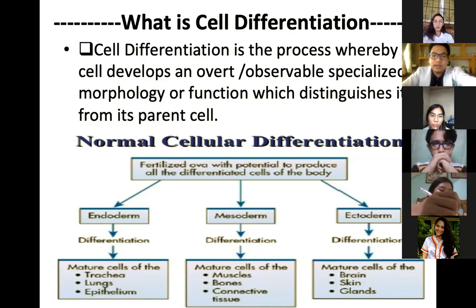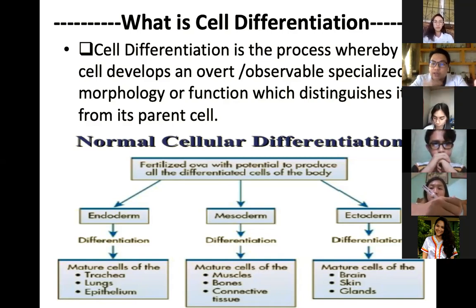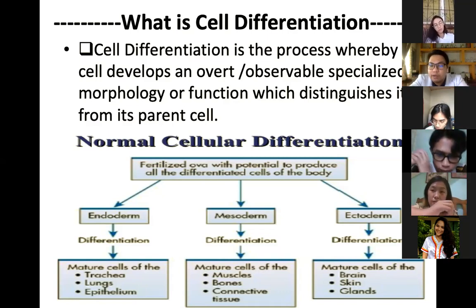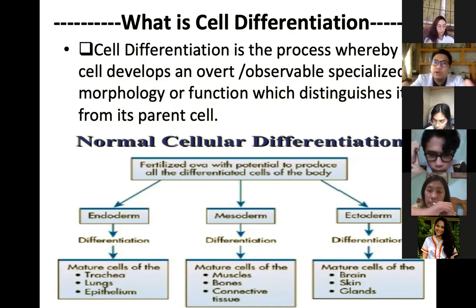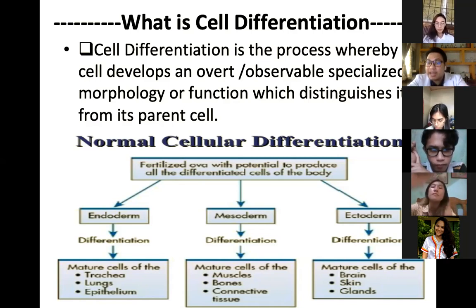Balik tayo sa blastula. Meron siyang layers. Ectoderm, mesoderm, and the endoderm. So, those layers, class, will develop into other forms of mature cells. Ito na yung composition ng body ng human. From the ectoderm, dyan galing ating skin, the brain, and the different glands.